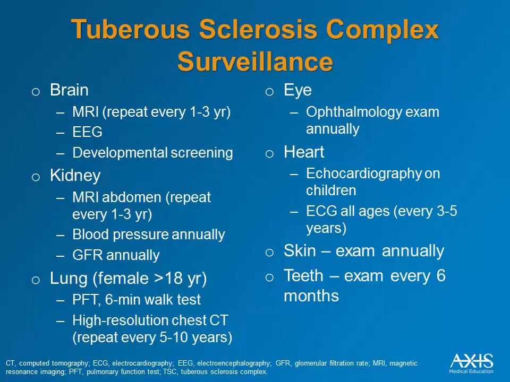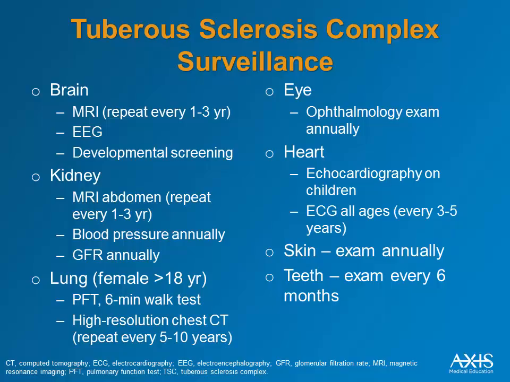So how does one actually follow an individual with tuberous sclerosis complex? This is a set of guidelines put together by a consensus expert group a couple of years ago, recommending, first of all, with regard to the central nervous system, that MRI be done every 1 to 3 years, depending, of course, on the findings, particularly with focus on the ventricular system with concern about the possibility of subependymal giant cell astrocytoma.